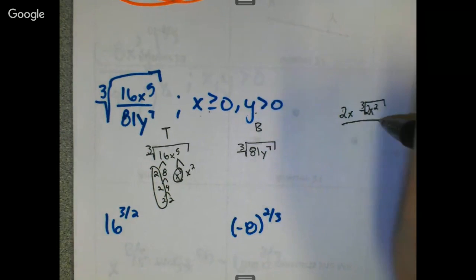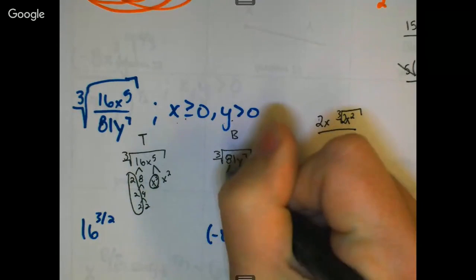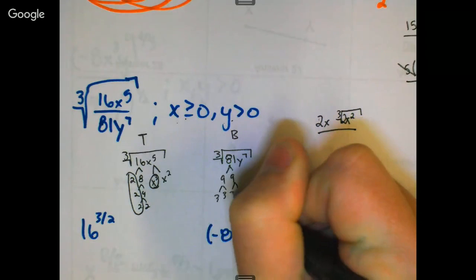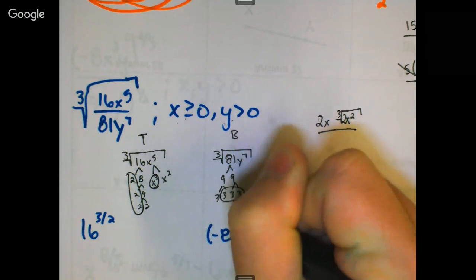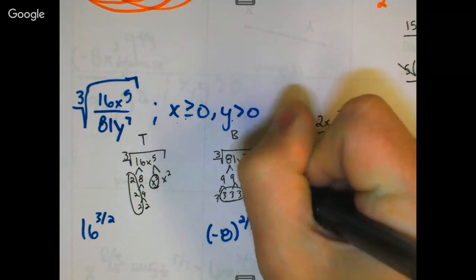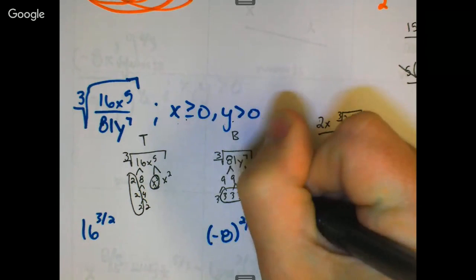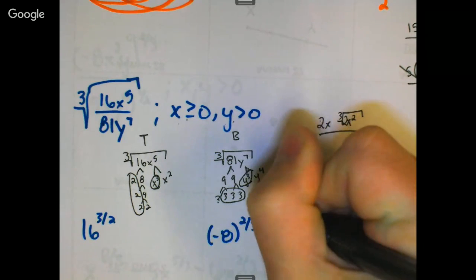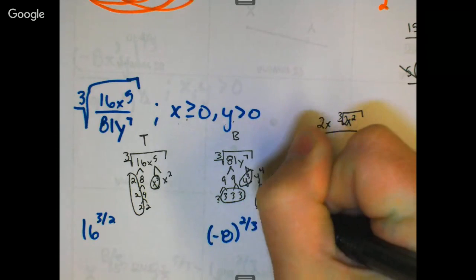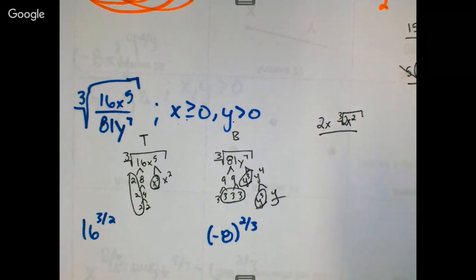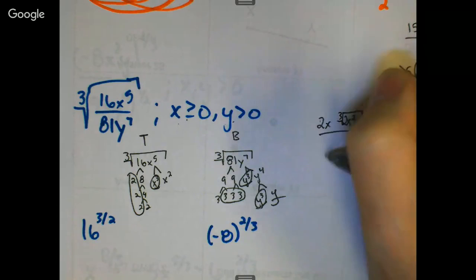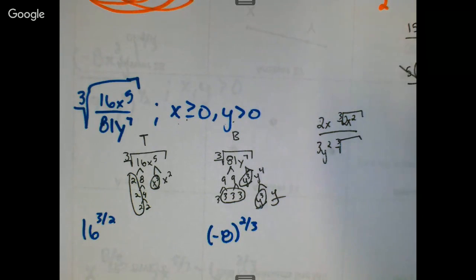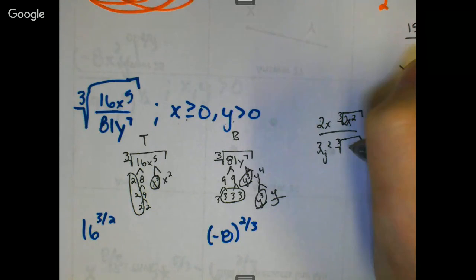Okay, in the bottom, I have 9 times 9, 3, 3, 3, 3. So there's 3 3's. Okay, so then I have y3, y4. There's a group of 3. But notice I can make another group of 3 and have 1y left over. So coming out front in that one is 3y squared, third root of 3y.